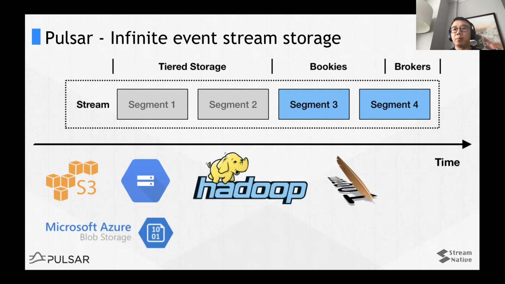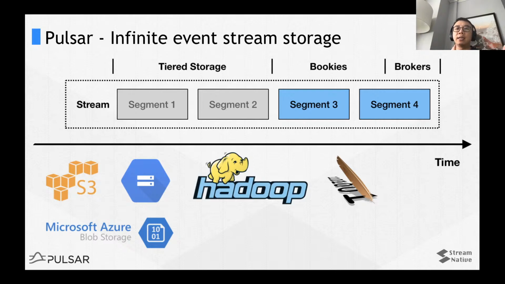The warm data is in the bookies because a bookie is a fast append-only log storage, so it can append data and make sure it is durably stored, and it can serve large range scans as well as point lookups for individual messages.